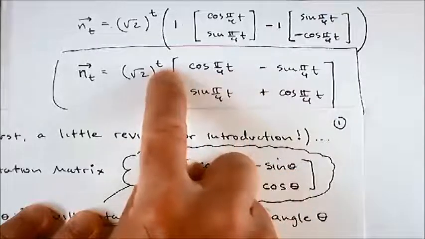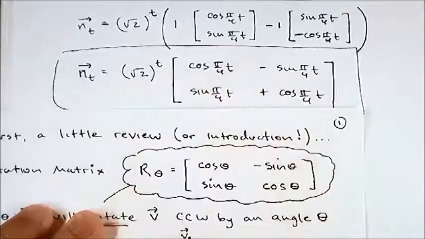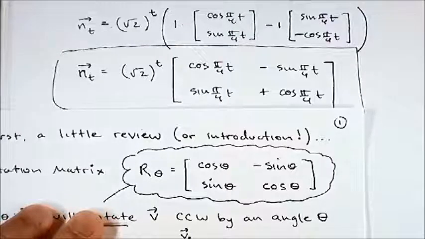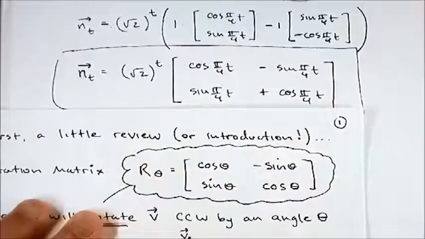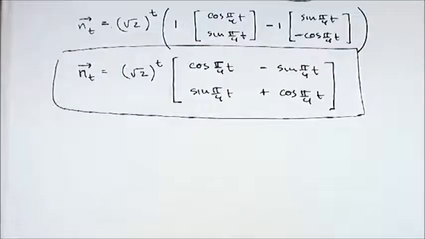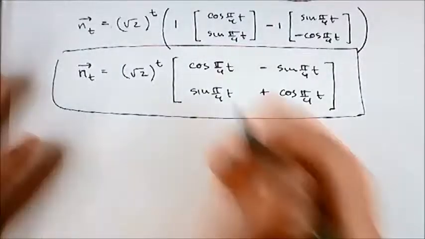Remember, t would be like a time period, right? Like when t equals 1, t equals 2, that's what's happening to your juvenile and adult population. This is a rotation matrix that is moving my vectors counterclockwise.